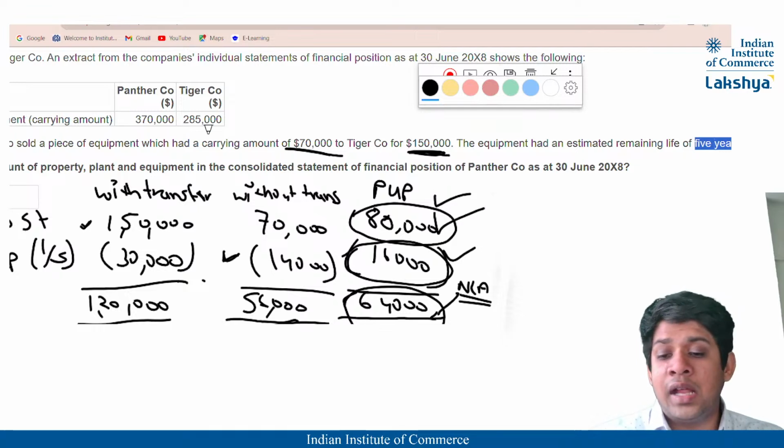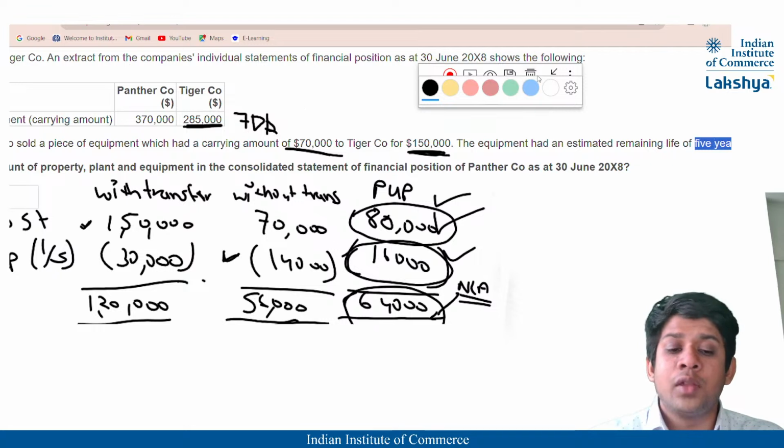Because the subsidiary company has included 80,000 in this, right? Sorry, 1,50,000 in this, but he should have taken only 70,000, correct? He should have taken only 70,000, but he has added 80,000 because obviously he purchased the asset at 1,50,000, correct?